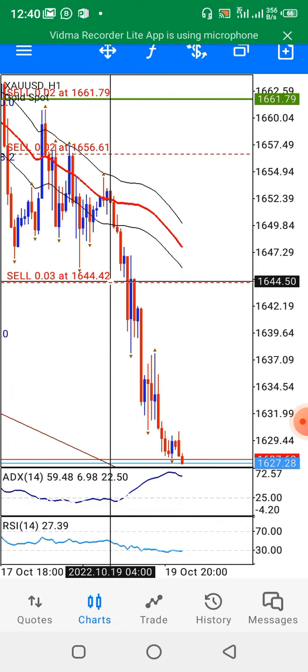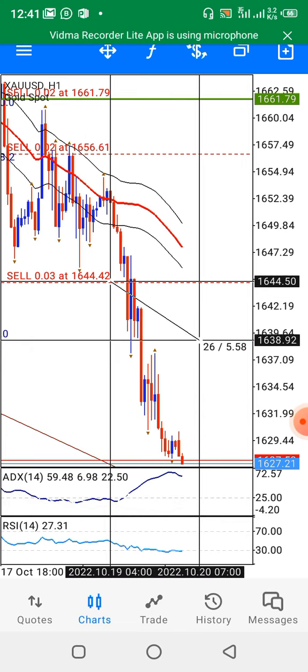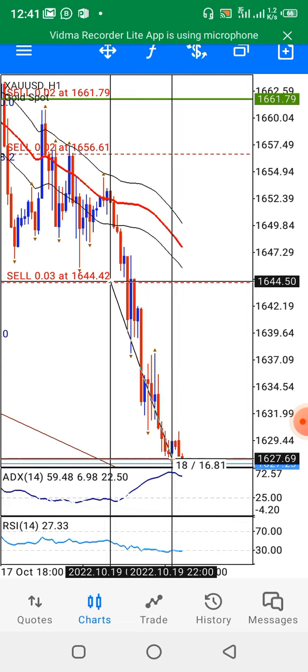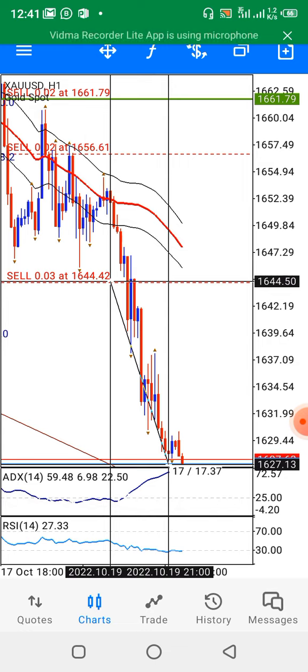So how do I do this? I use one finger to click and hold, then the second finger to drag down. You can see how I do this. Now on my crosshair we have 17.37. Let me do it the other way around.